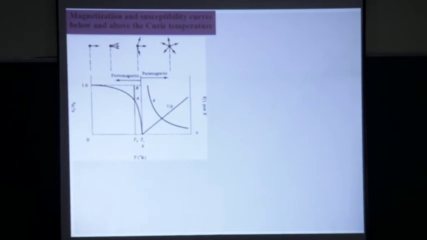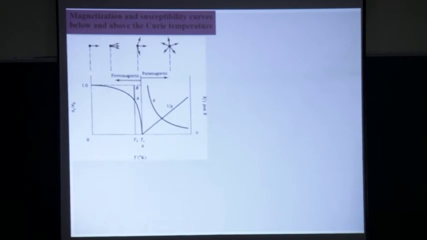Okay, so now in the case of ferromagnetism, what are we looking at? So we need the quantum theory, which means that the magnetic moments are not all over the place, they are quantized. So at T equal to 0, they are perfectly aligned, but as you increase the temperature, the entropy increases.